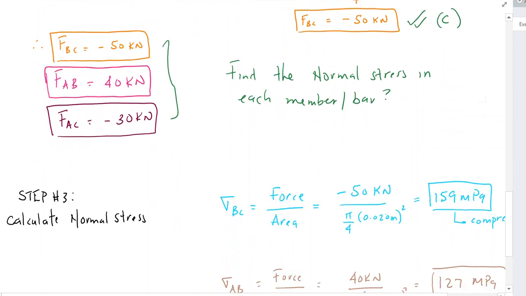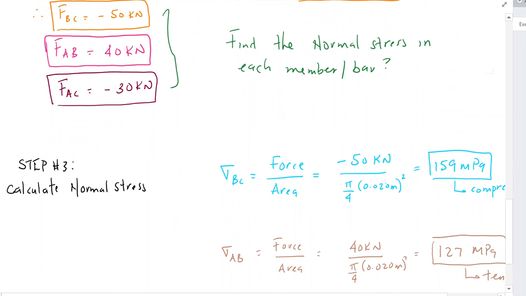So as we know, my step 3, I'm calculating my normal stress now, because I found the forces in each bar using method of joints. And now I want to calculate my normal stress.